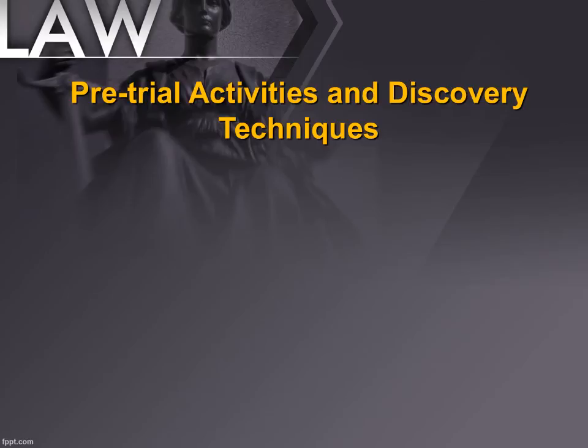Civil procedure requires disclosure of all evidence material and necessary in the prosecution or defense of an action, regardless of the burden of proof. In other words, all evidence that might be considered material and necessary, which is much broader than you'll see when we get to criminal procedure, where they have to pass a much greater litmus test, if you will.